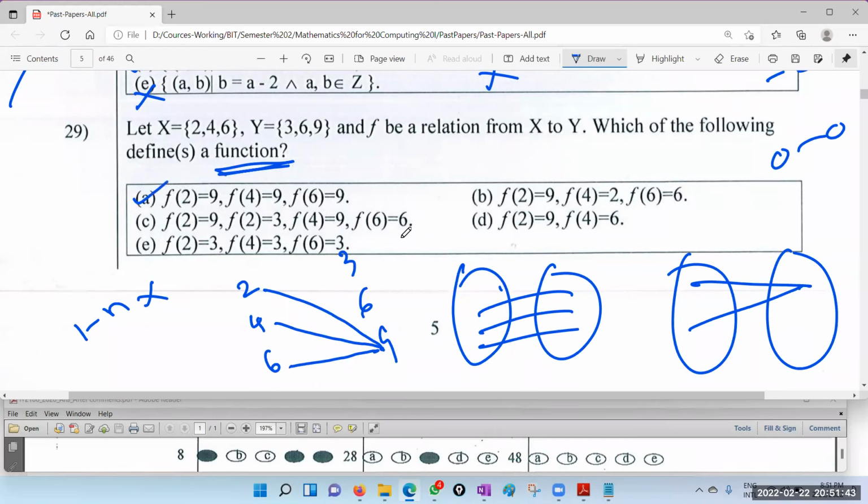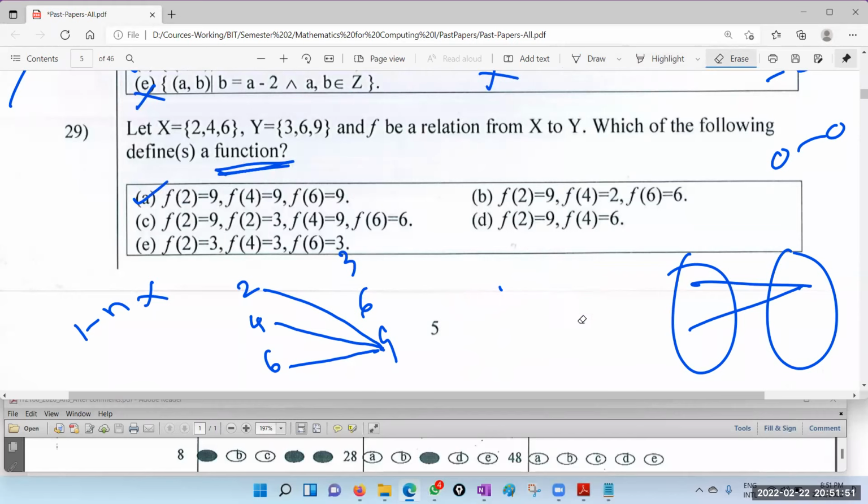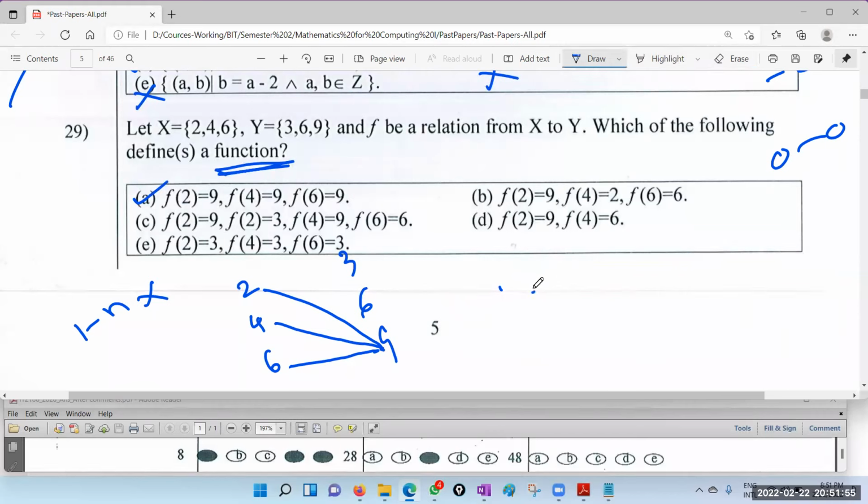So what about this? 2 to 9. Let's map it again. You need a bit of patience here. 2 to 9, 4 to 2, and 6 to 6. 2, 4, 6, all the domain values are there, and they are mapped to 2, 6, and 9.